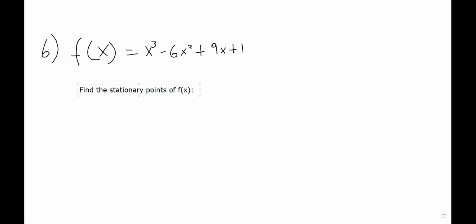All right. So we said whenever they're asking us to find the stationary points, they're asking us to find the x values. In order to find the x values, to make it easier on us, all we need to do is differentiate, so we can carry down the values a bit more. It makes it much easier to work out our x values.